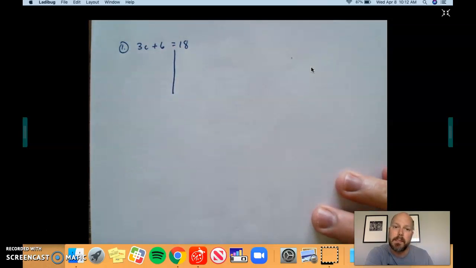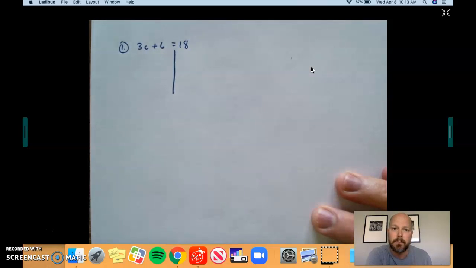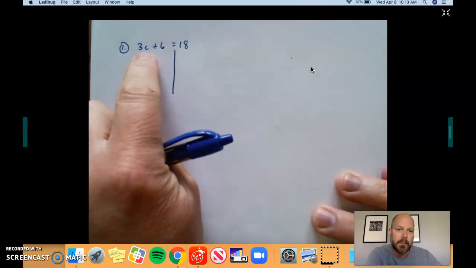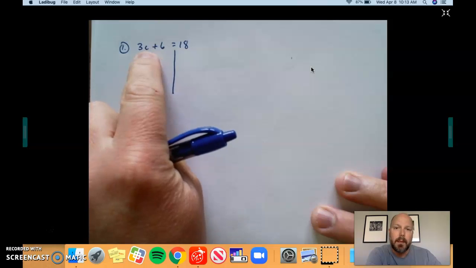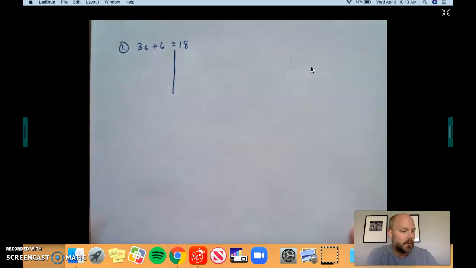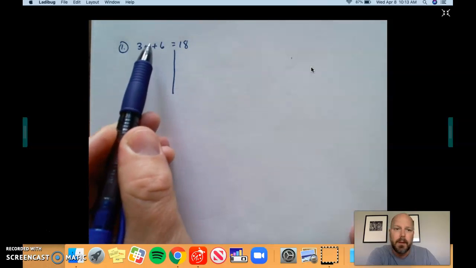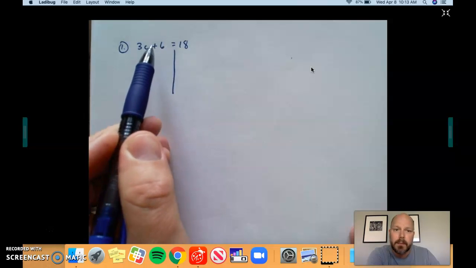This reminds us that whatever we do on this side of the equation, we have to do on this side of the equation, okay? You always start on the side with the variable. The variable's on this side, the c. And you always start with what we call the constant, which is the number that's just by itself. It doesn't have a variable with it.